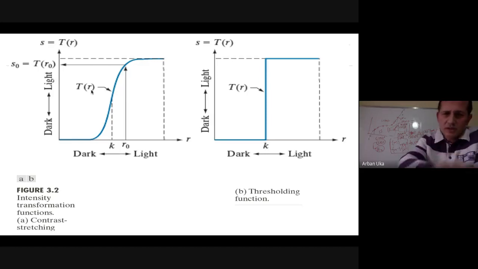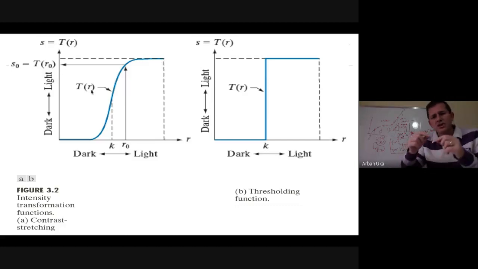So the pixel intensity domain of the image on the left side of this slide has all the pixels in a very narrow range, which would be something from K to R0. Now, what can be done is that this range can be stretched out. You can look at the projection.